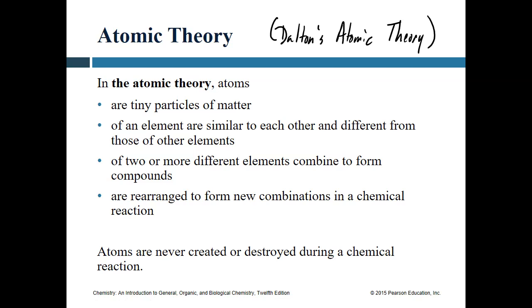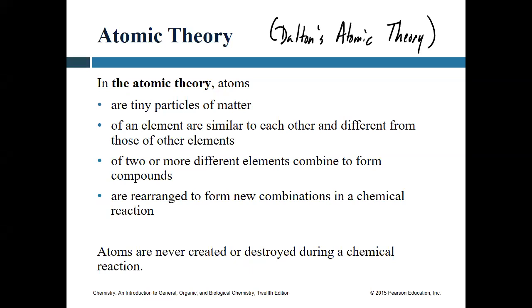So in this theory, we have the idea that atoms are these tiny little particles of matter, and that there are some things that help us to differentiate atoms and molecules, and atoms of one kind of element and atoms of another kind of element. So kind of breaking it down into its most simple of parts.